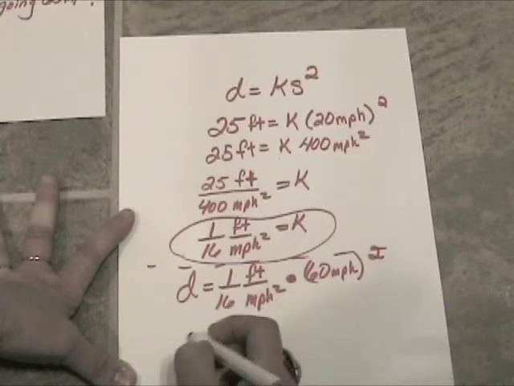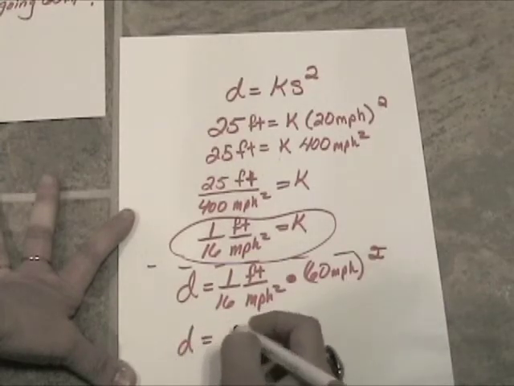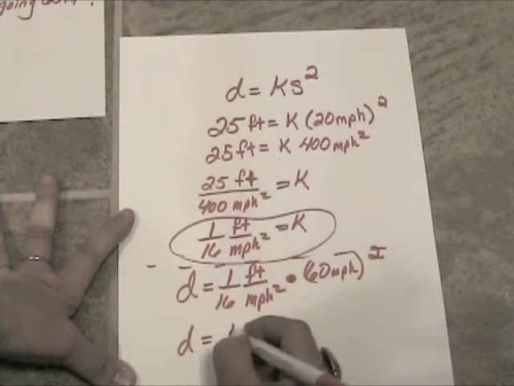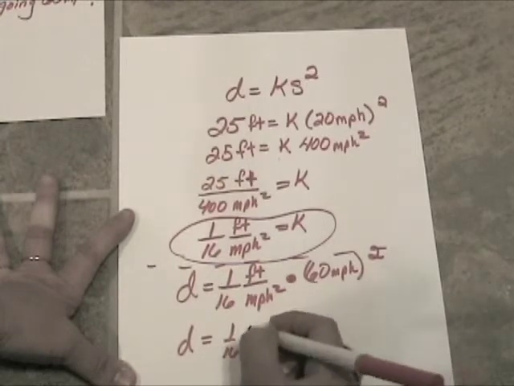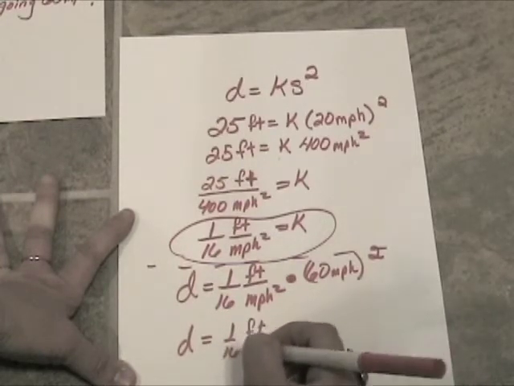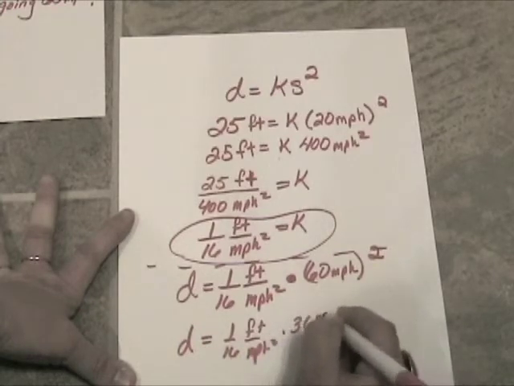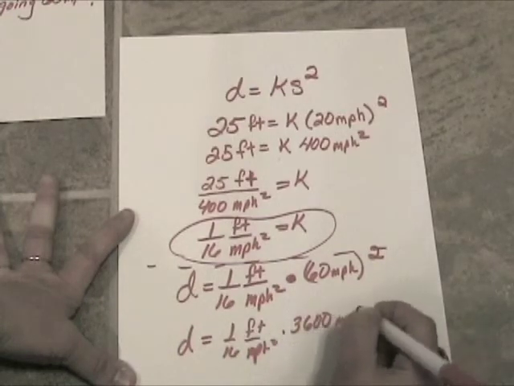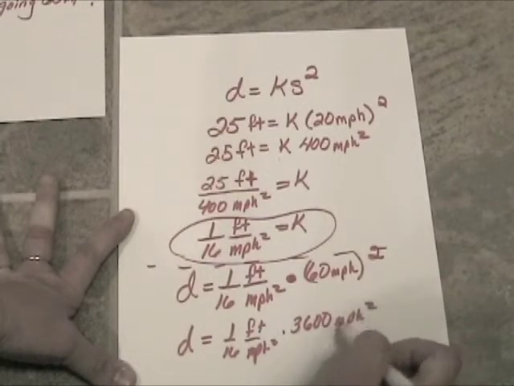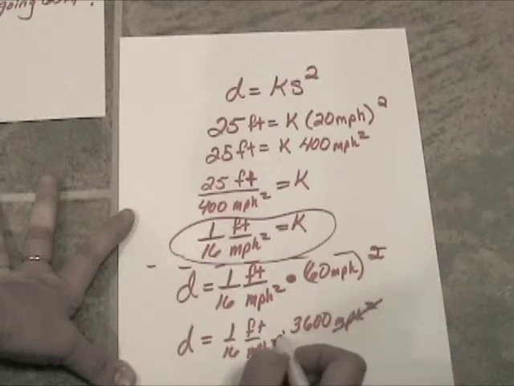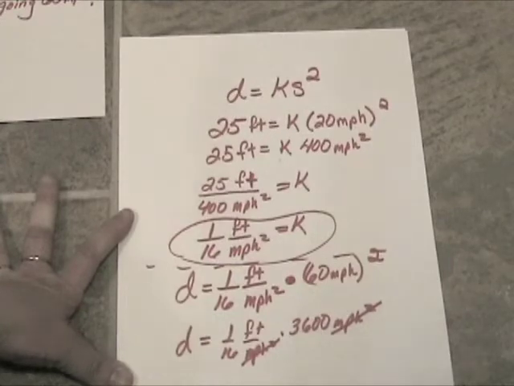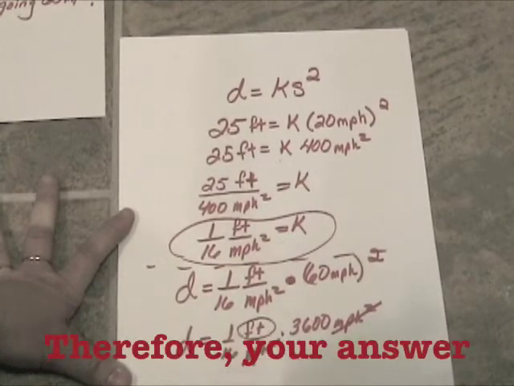So D is going to be equal to 1/16 feet per miles per hour squared times 3,600 miles per hour squared. Well, look at that. Miles per hour squared and miles per hour squared, the units will divide to 1 and we'll be left with just feet.